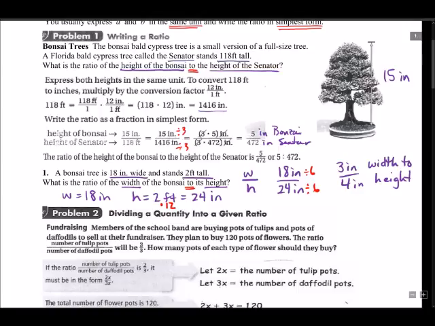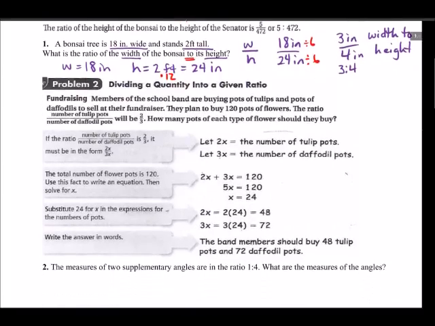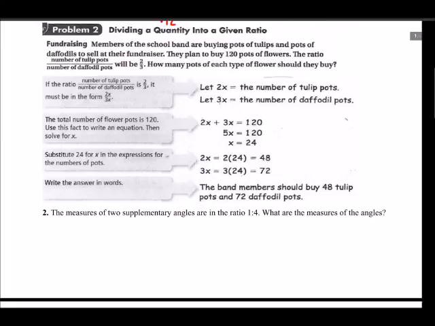So 18 over 24 and reduce it, and I get 3 inches of width to 4 inches in height. It's a 3 to 4 ratio. We also could have written that as 3:4. All right, that was good. Oh, these problems are good.